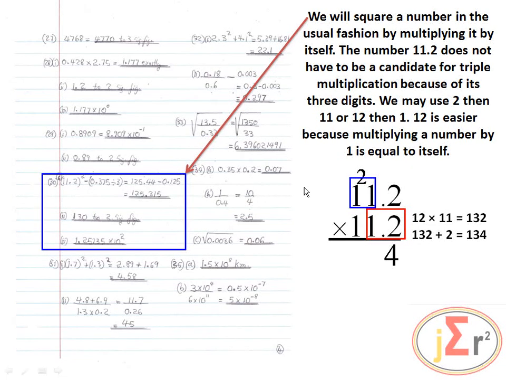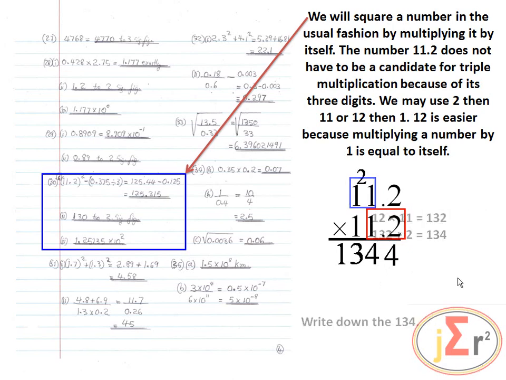That 132 added to the 2 that was carried, we get 134. And we'll just write that down. Therefore, there we have 1344. But not quite, because in the end, we will have to make use of these decimal places.